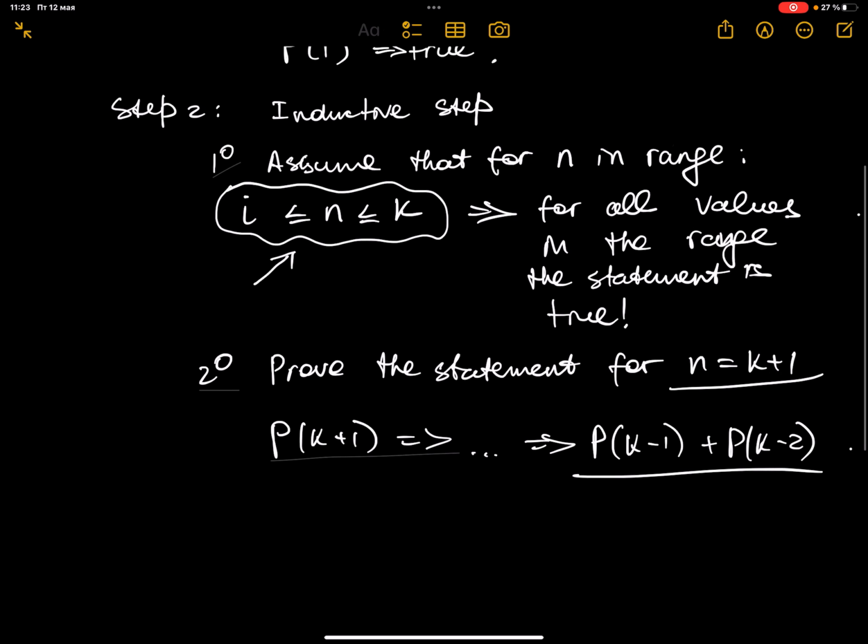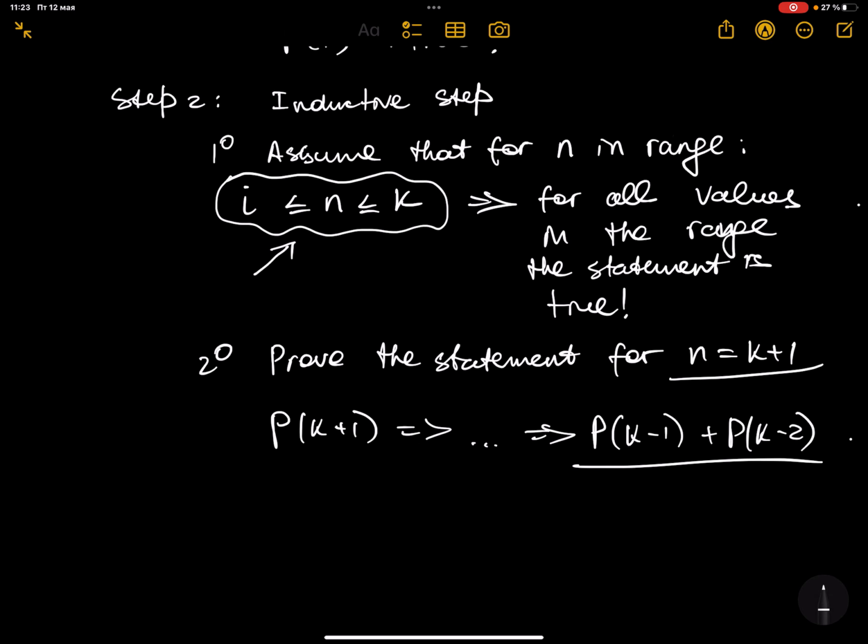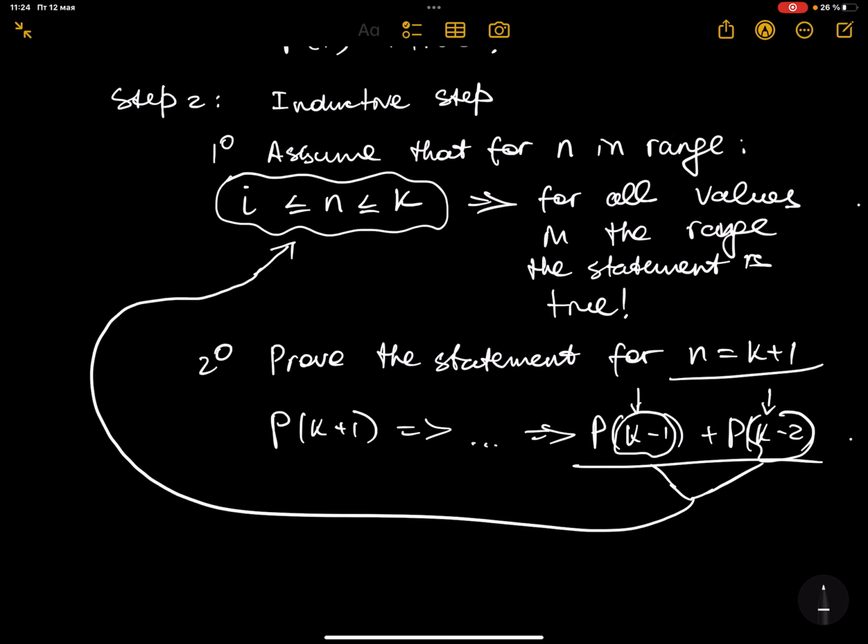If you assume that only Pk is true, as in simple mathematical induction, how can you prove it without knowing whether the statement is true for k minus 1 or k minus 2 or k minus m? So you assume that k minus 1 and k minus 2 are both in this range. That means the statement for these cases is true, and that leads to the k plus 1 case also being true, and finally Pn is also true.